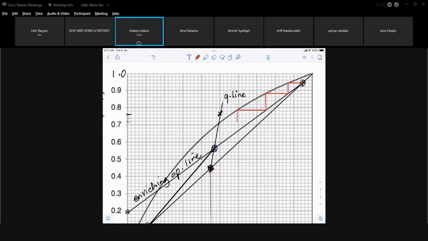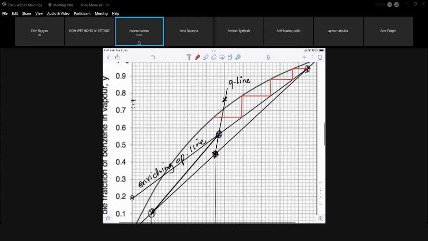Now, I will continue to go towards the enriching line, because I haven't yet crossed the intersection. So I will continue to proceed. Okay, now you realize that I have already surpassed the intersection point of the Q lines with the operating lines.